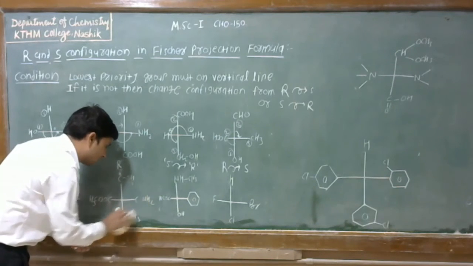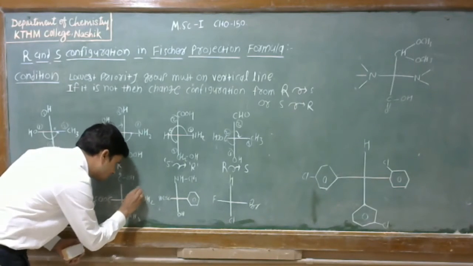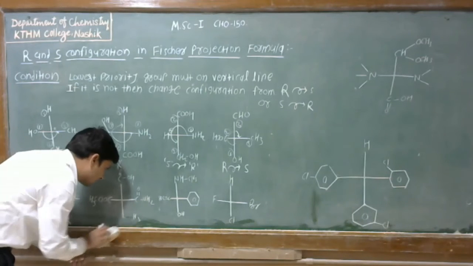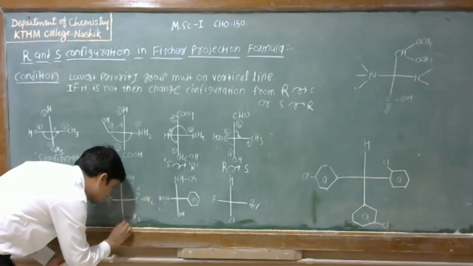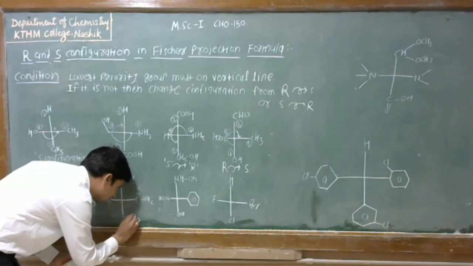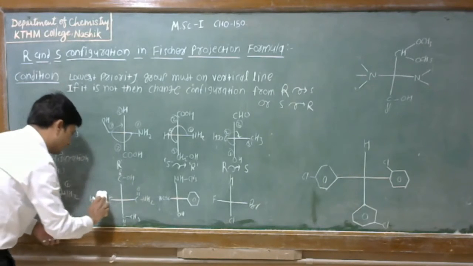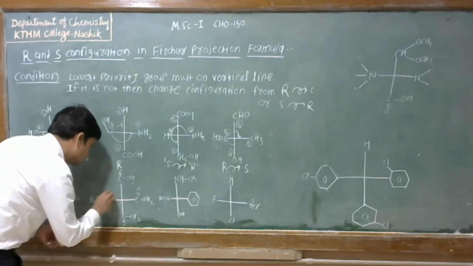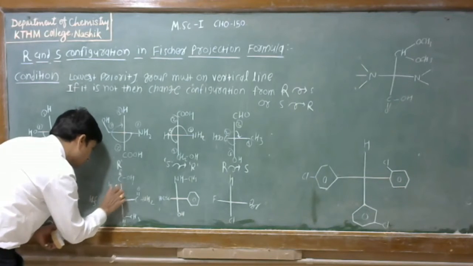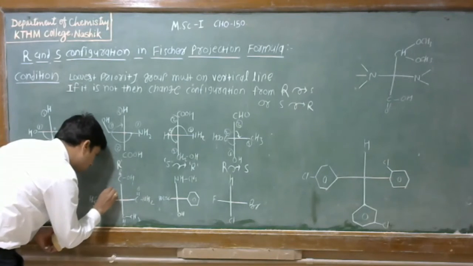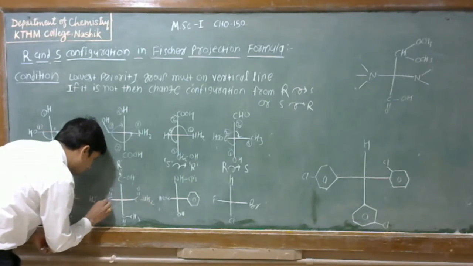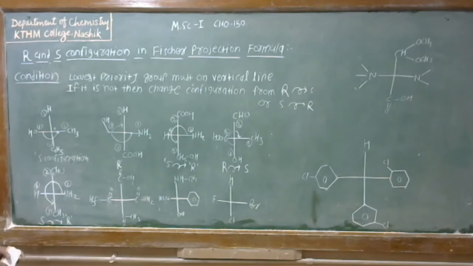This is carbon double bond oxygen with NH2 here. This is carbon double bond oxygen with CH3 here. This is carbon double bond oxygen with OCH3 here. So when we are in doubt about the priority in such a way, we have to expand the group.